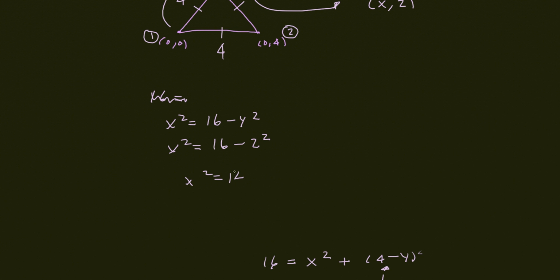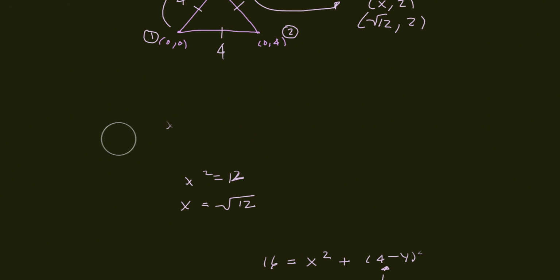It's actually 12. Because 2 squared, it's 4. 16 minus 4, it's 12. So now we do have it. We have x as the square root of 12.